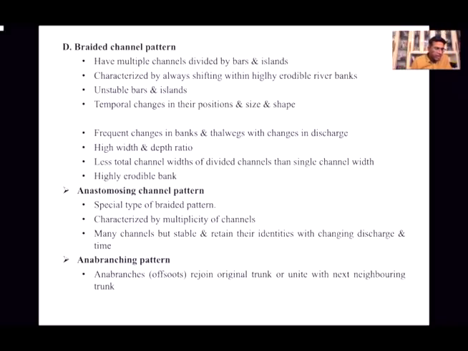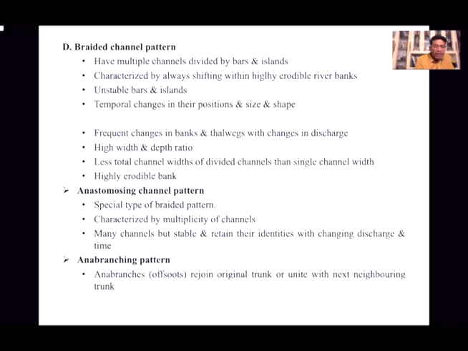Page number 411, first column, braided channel. All the points I have summarized here. A braided channel is characterized by multiple channels, where these channel ways are divided by bars and islands, shifting, highly erodible river banks, they're unstable and so on. Whereas the anastomosing channel on the next page is a special type of braided pattern.